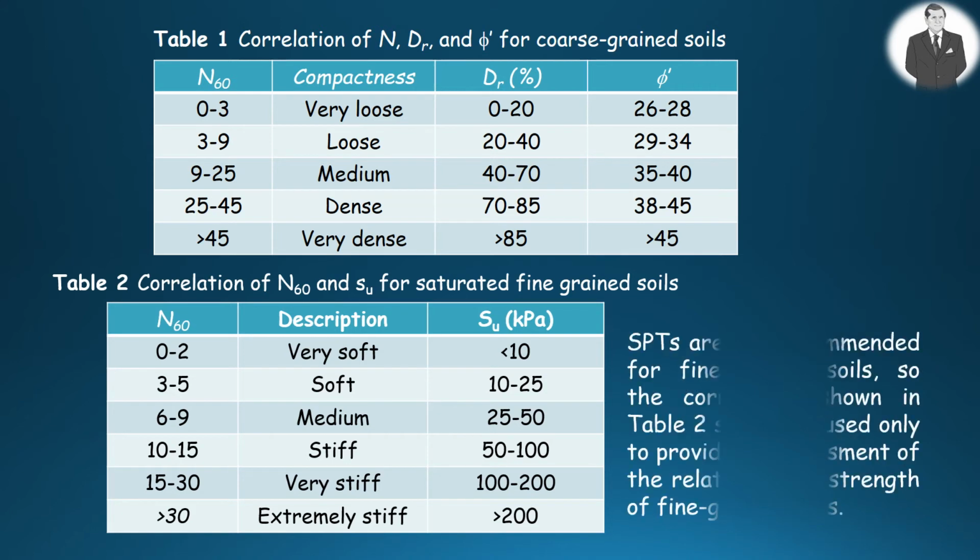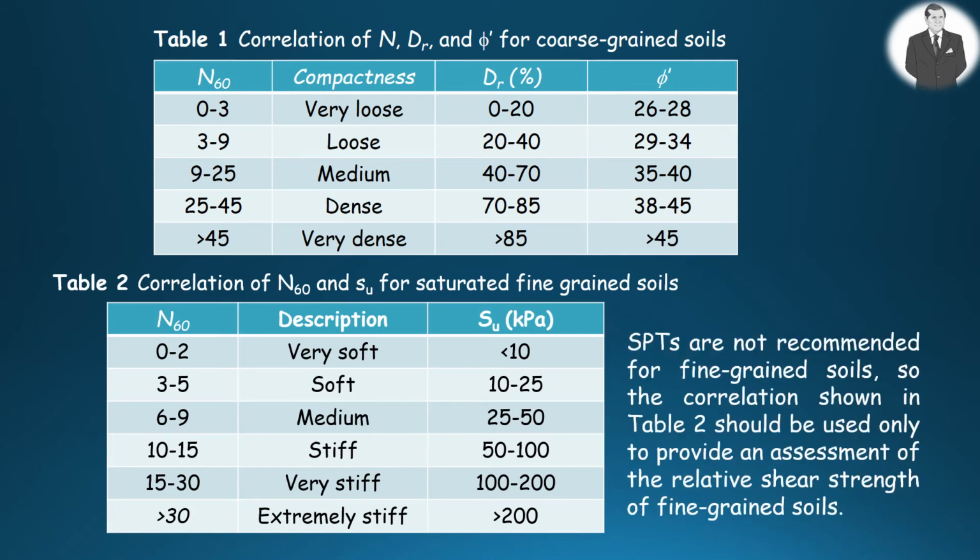It is important to note that SPTs are not recommended for fine-grained soils, so the correlation given in Table 2 should only be used to give an assessment of the relative shear strength of fine-grained soils.